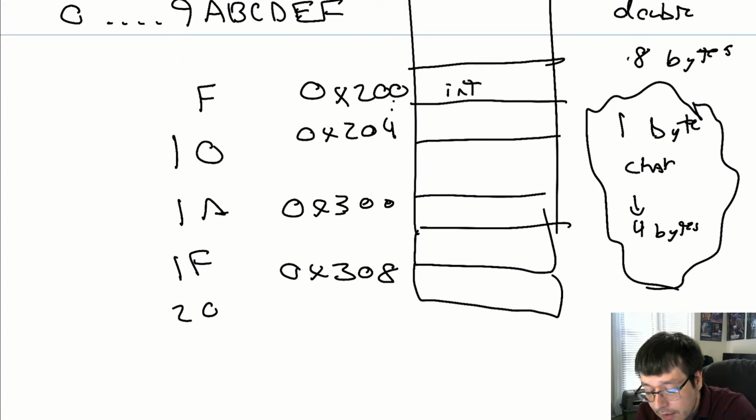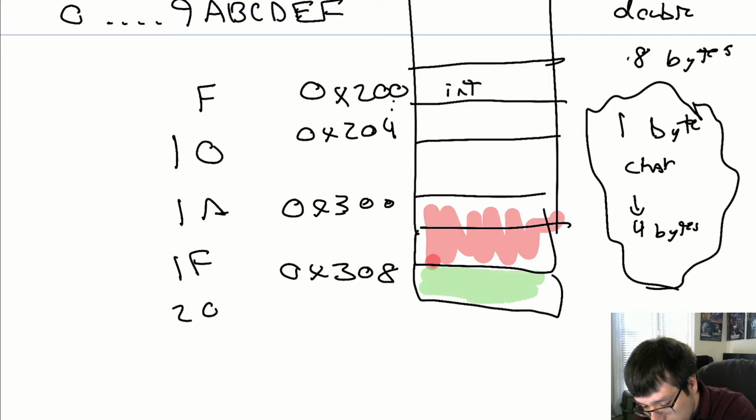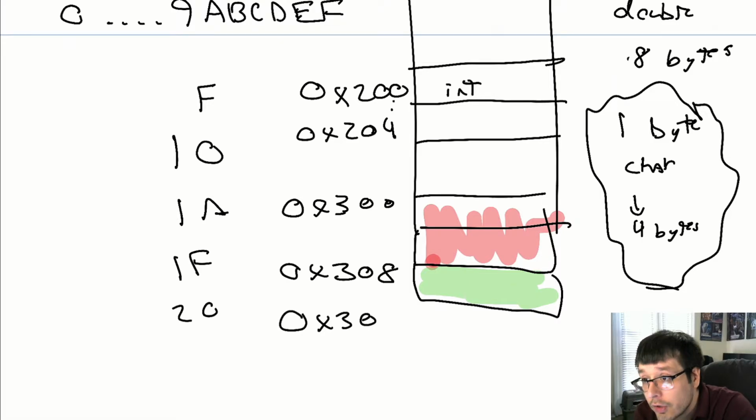308. Now, let's say that beneath that, here's the double, and now I have an int, so let's say I want to put an int in here. The next address is going to be 30B, right? Or B or C? Hold on.